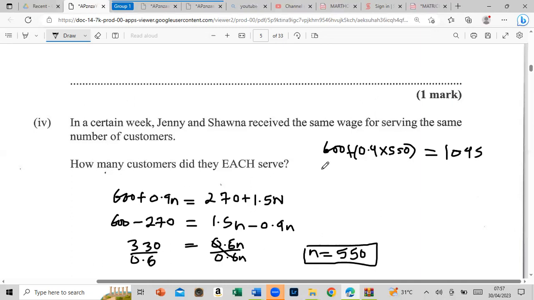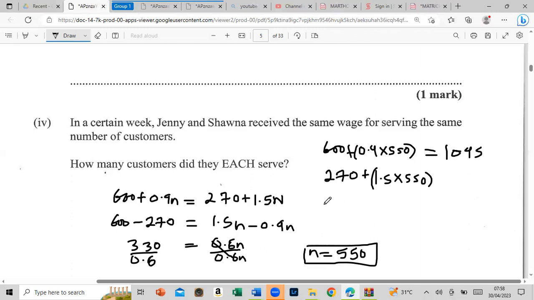All right, for Shanna now, that was 270 plus her rate of 1.5 times 550. Let's punch that and see if it gives us the same total. 270 plus bracket.